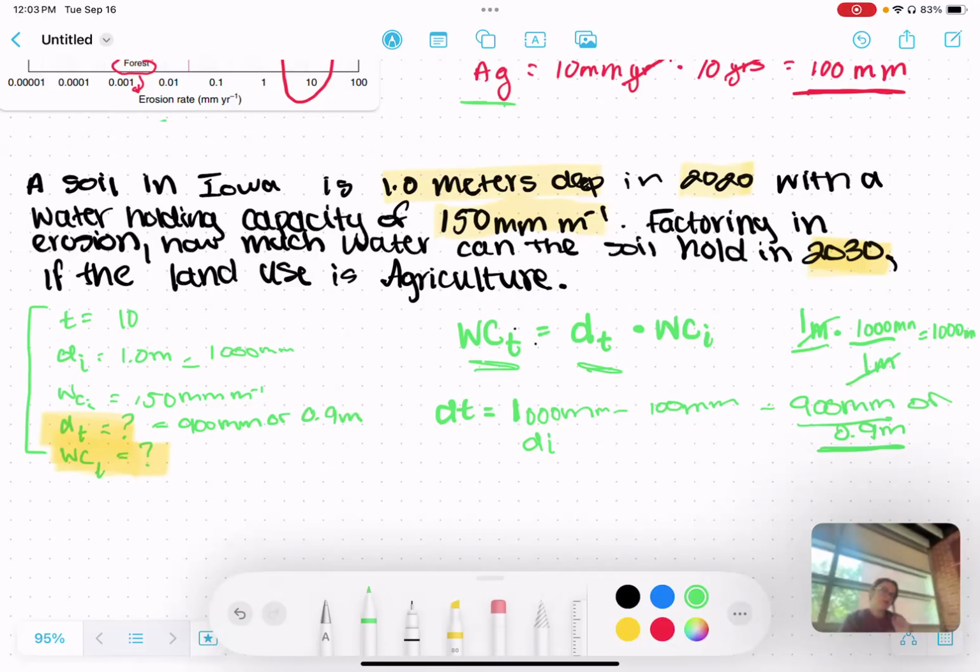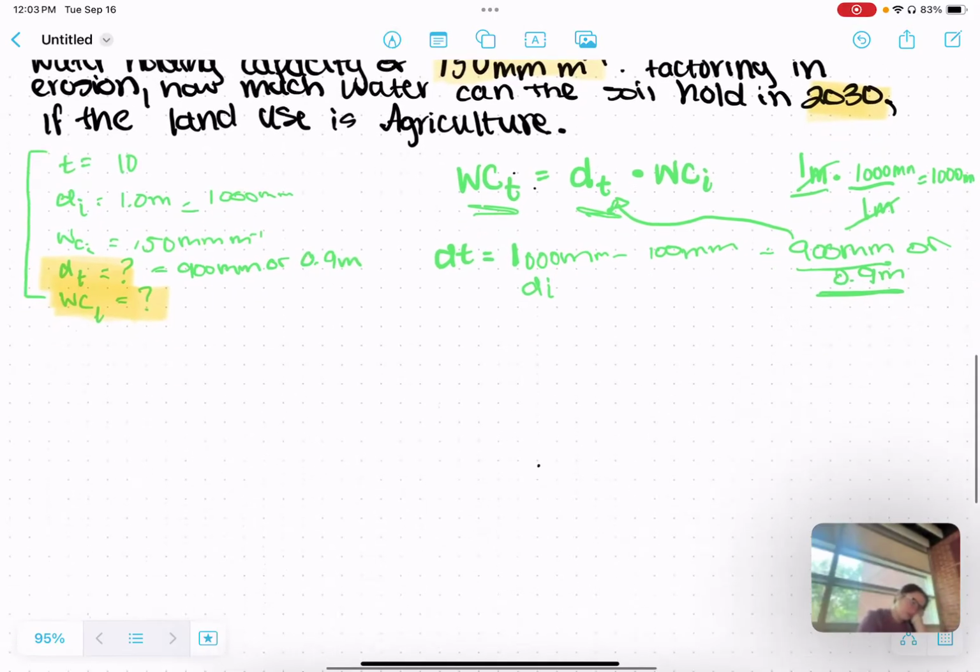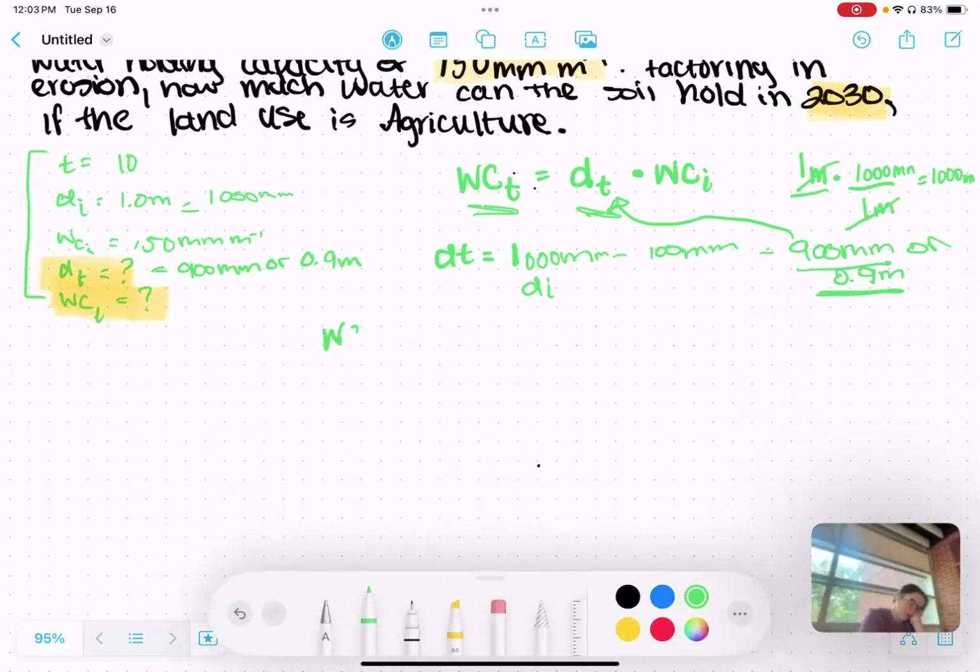Great. So that allows us to plug this in for dt and find out what our new water holding capacity is. So water holding capacity at time t, again, which is our 10 years, is really just 0.9 meters.